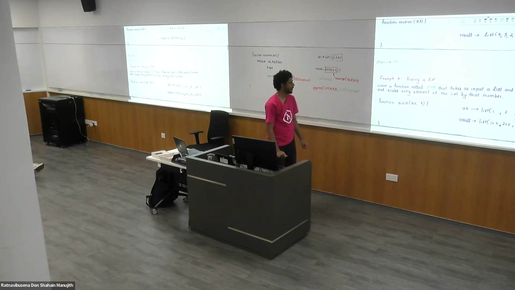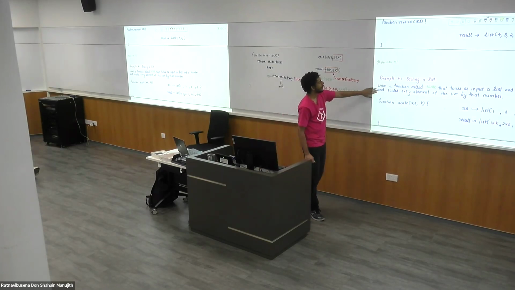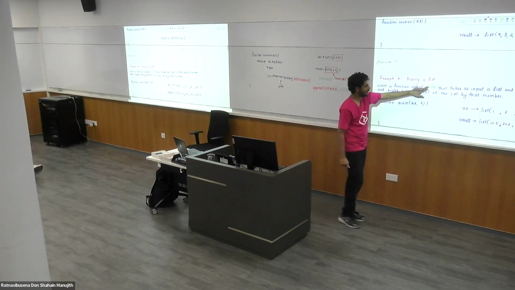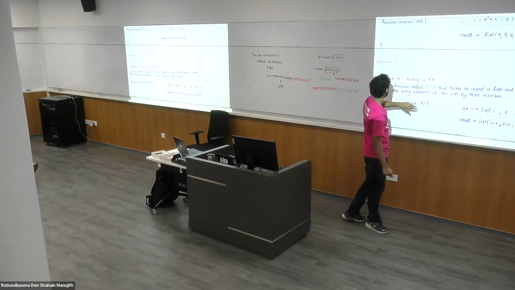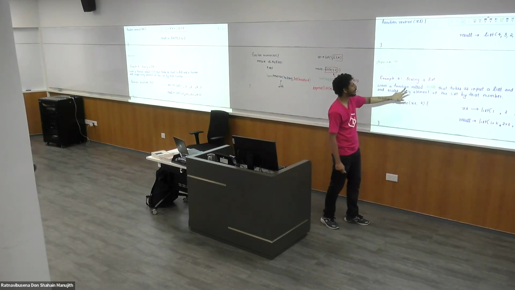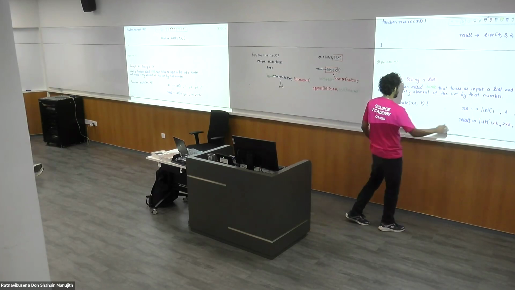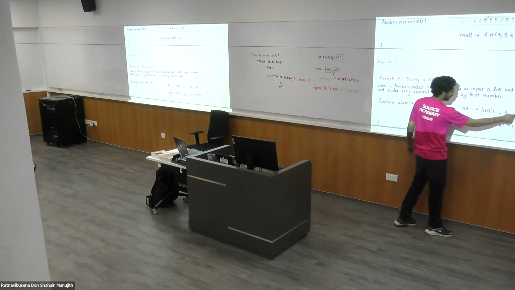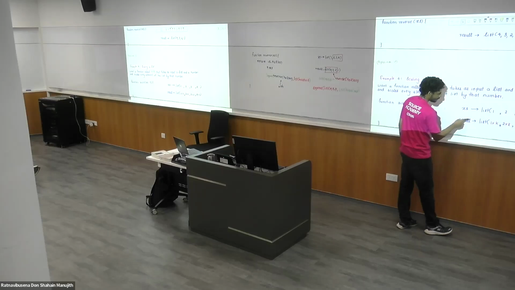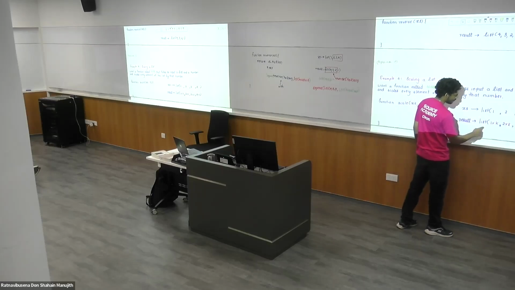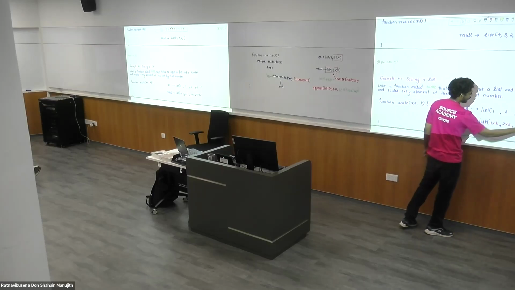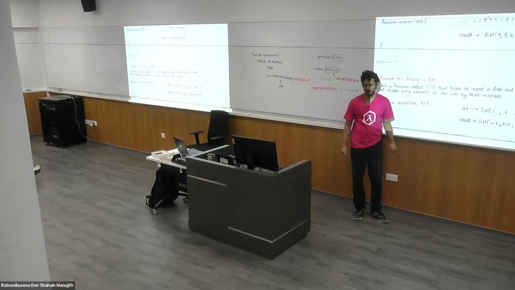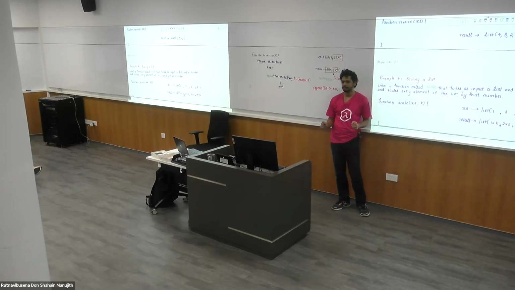We want to write a function called scale that takes as input a list and a number, and scales every element of that list by that number. So for example, if I have XS as list 1, 2, 3, 4, I need to scale it by k so that my result would be list 1 times k, 2 times k, 3 times k, 4 times k. Do you get what I want to do here?